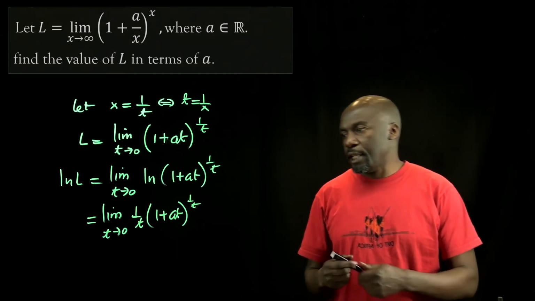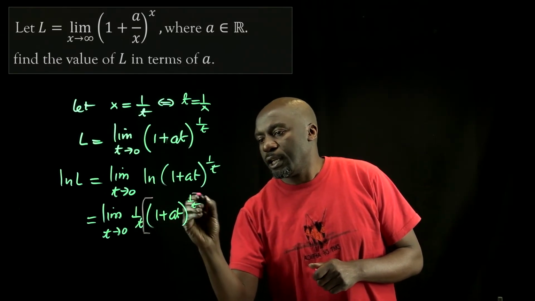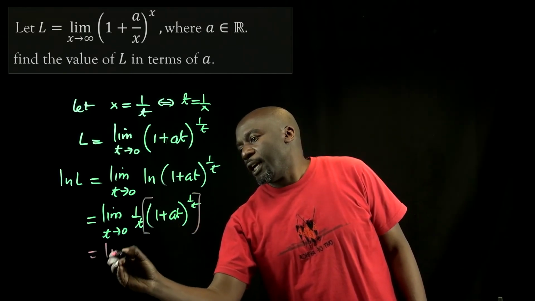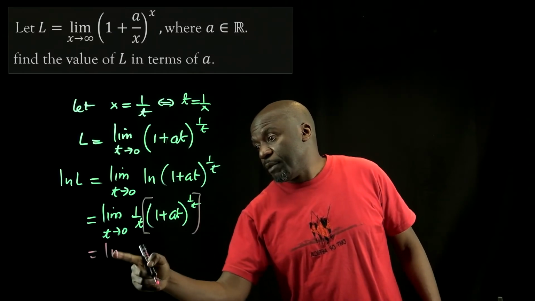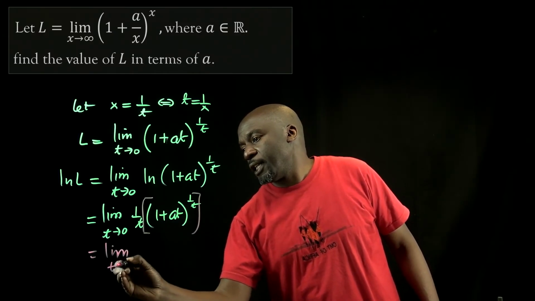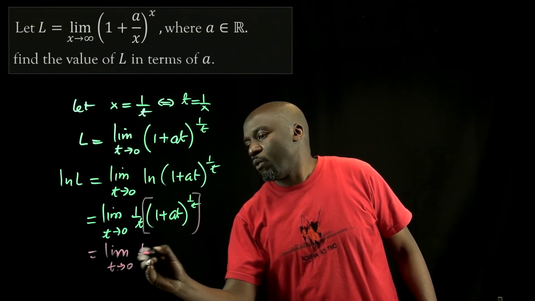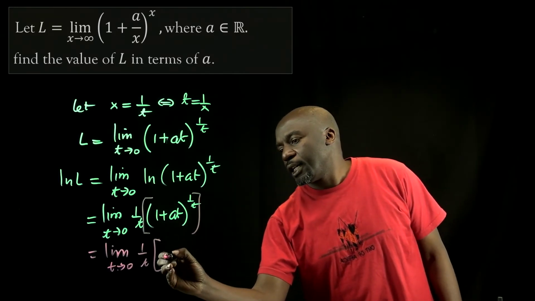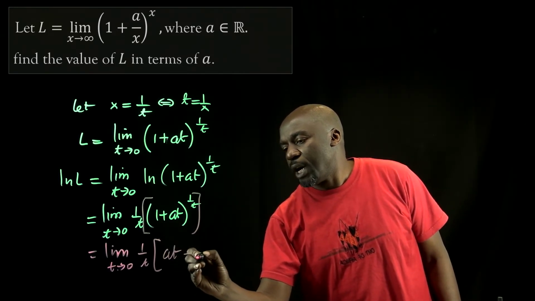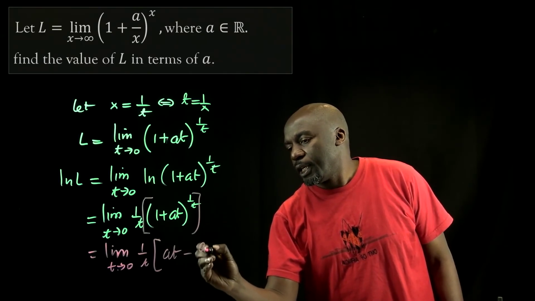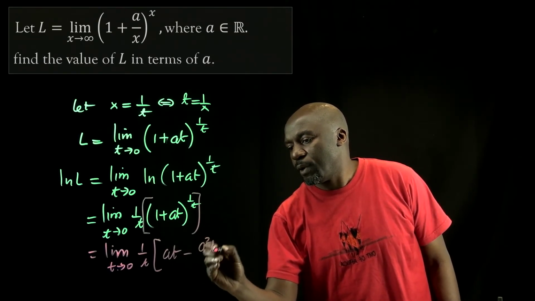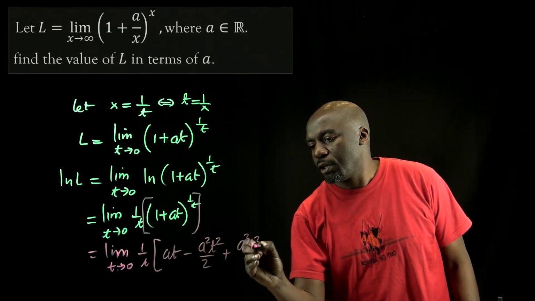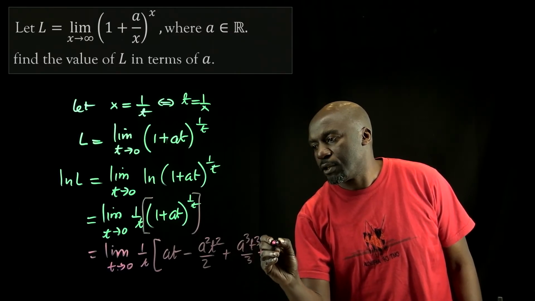We can open this bracket using the Taylor-Maclaurin approximation, and ln of L becomes the limit as t tends to 0 of 1 over t, and then I will have, like we said earlier, at minus a squared t squared over 2 plus a cubed t cubed over 3 plus and so on.